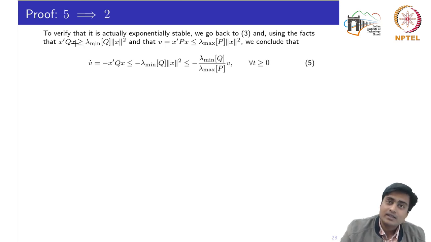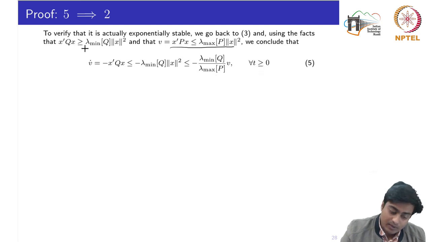So I can reverse this relationship by putting a negative sign, which I have done here. And this would be less than or equal to, by using this equation, that the square of the norm of X is greater than or equal to V by lambda max of P. So I can write less than or equal to minus lambda min of Q, which comes from here, and X square came from here, lambda max of P V, for all t greater than or equal to 0.